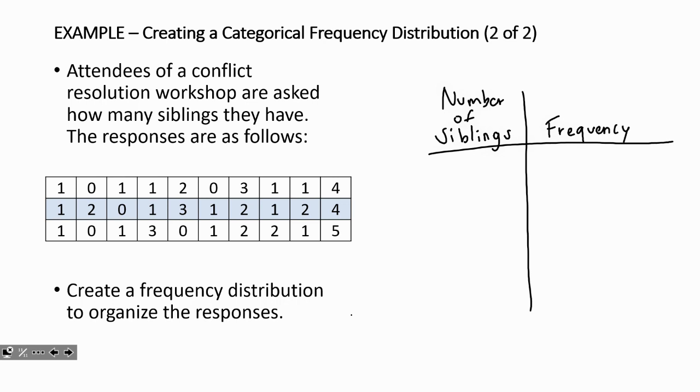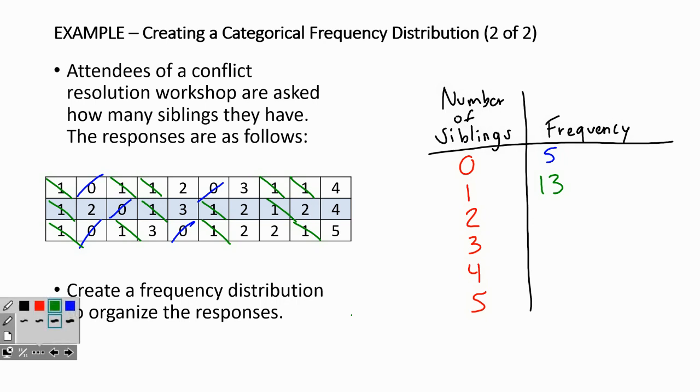All right, so looking over the distribution and the responses that they could give, looks like people had 0 siblings all the way up to 5. So those are the possible numbers of siblings. Let's look at how many people had 0. We've got 1, 2, 3, 4, 5 zeros. Let's take a look at our ones. Got 1, 2, 3, 4, 5, 6, 7, 8, 9, 10, 11, 12, 13.